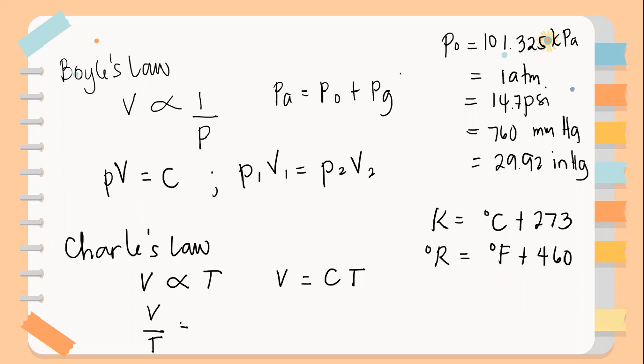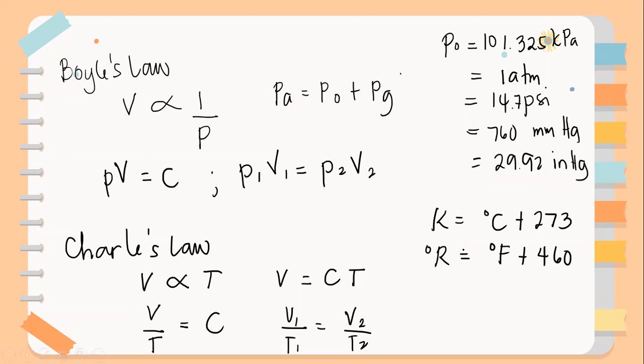Therefore, we have the formula under Charles' law: V1 over T1 is equal to V2 over T2. Again, all the pressure and temperature under the ideal gas law should be absolute: absolute pressure, absolute temperature.